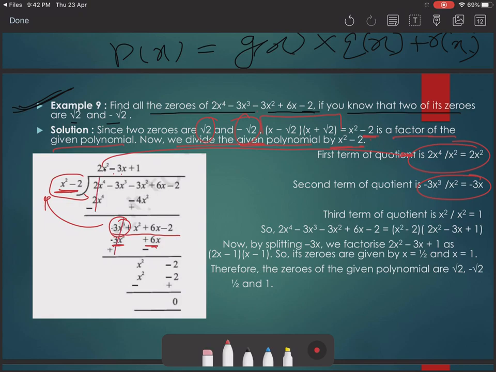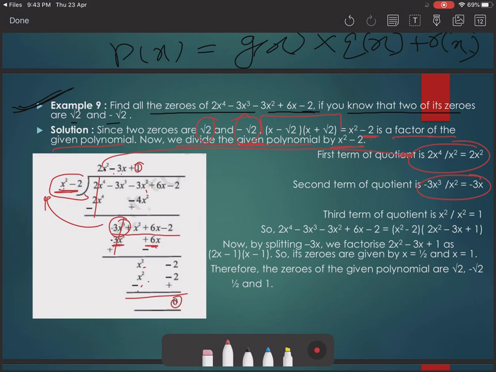After subtraction, what we get? x square minus 2. Again, we divide x square by the first term of the divisor, we get 1 as a quotient. After multiplication, 1 into x square minus 2, and subtraction, what we get? 0 as a remainder.